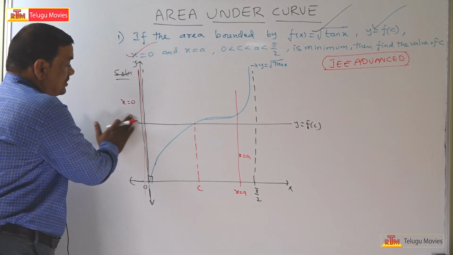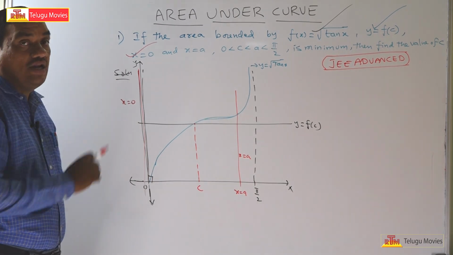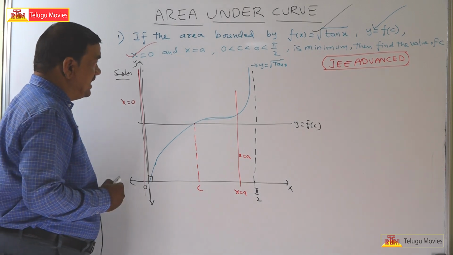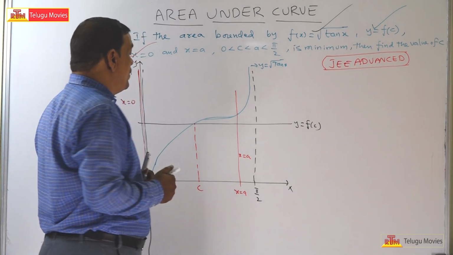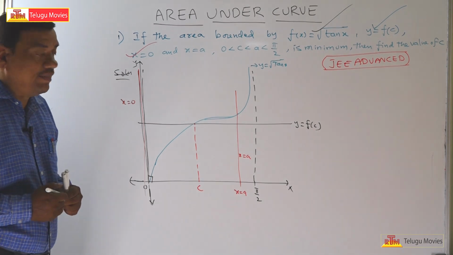Now you have to select a value c such that the area bounded by these curves is minimum.